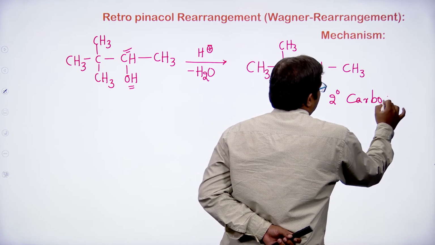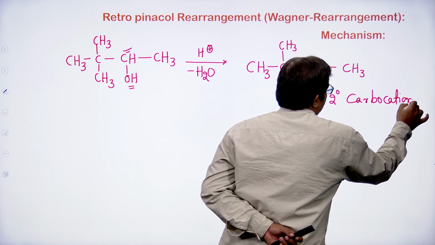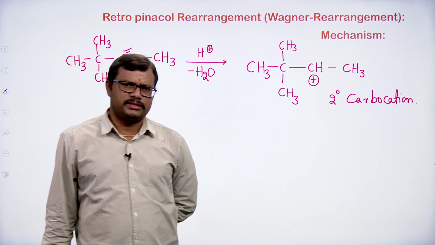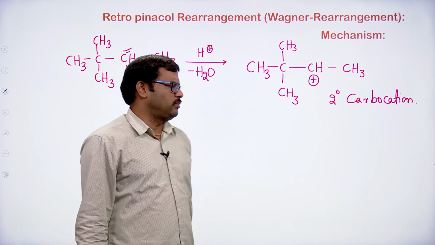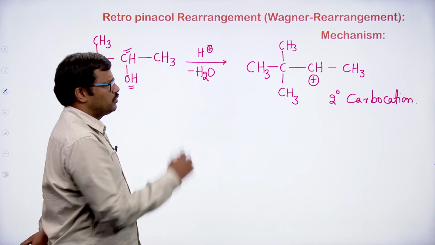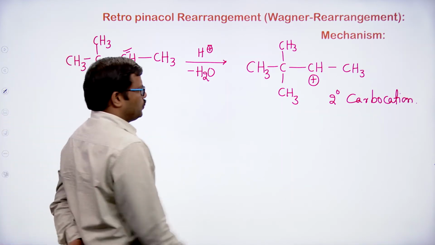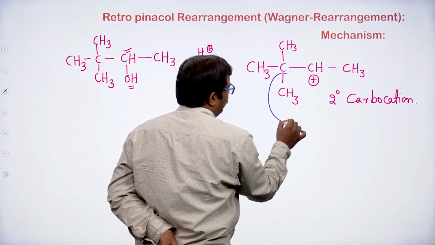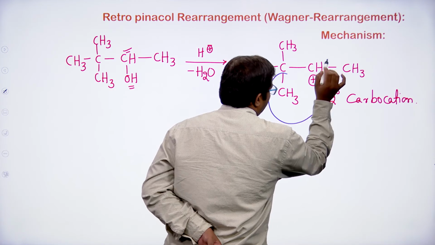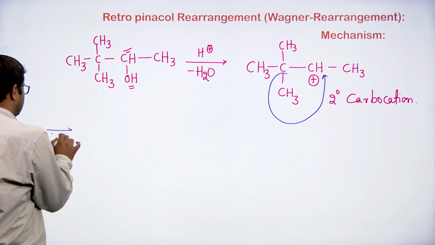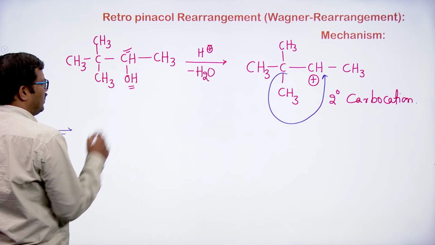As I told you when discussing the introductory part of carbocations, stability is always the main criterion. In order to gain stability, rearrangement takes place within the molecule. So what is going to happen in this case? Suppose the whole CH3 group, along with its bonded pair of electrons, moves onto the carbocation. In that case, methyl transfer is taking place.